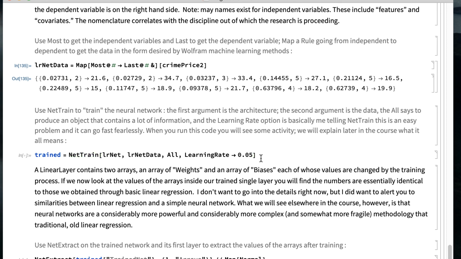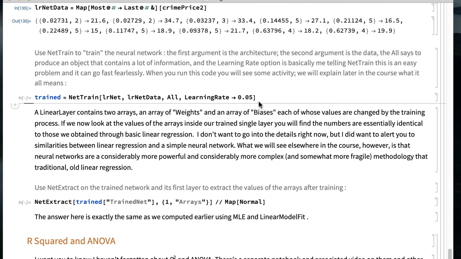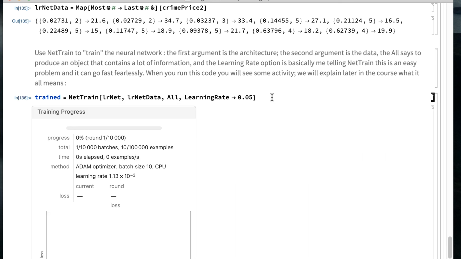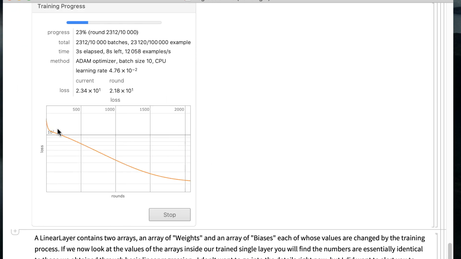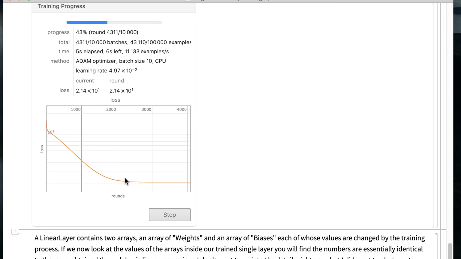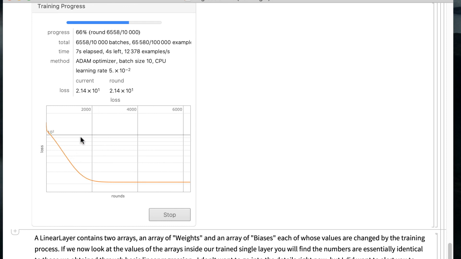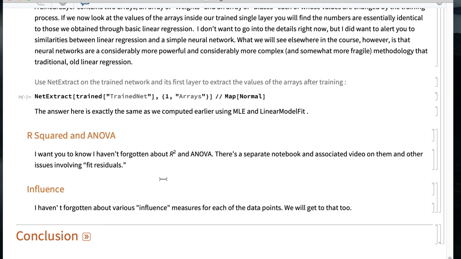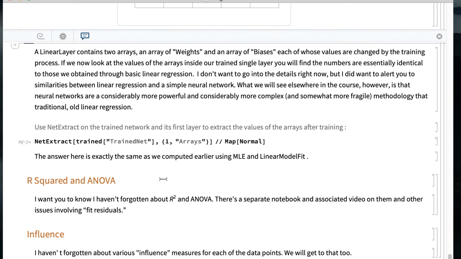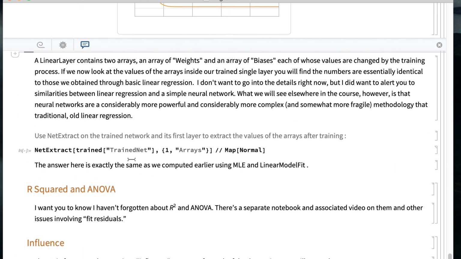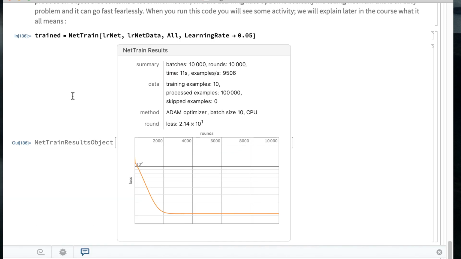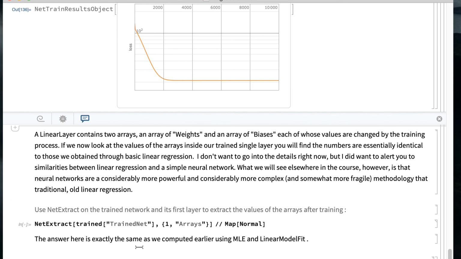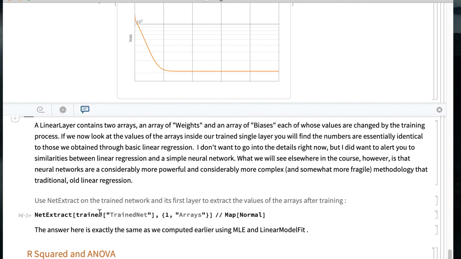So this is not going to take long, but just watch it. Here we go. We're about to train our first neural network. And you can see the error getting lower and lower. That's the loss. It's running through the data. You can see basically we've bottomed out. We did as well as we could, and we're done. All right, so now the trained network, which is called trained, you can extract information from it.